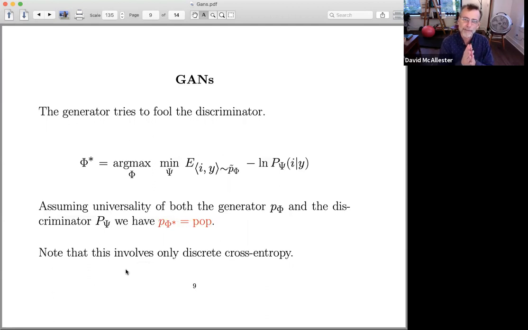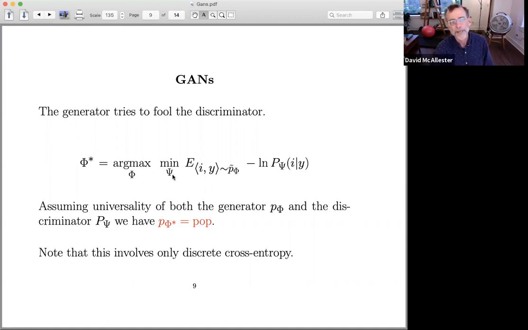So let me say that more explicitly. This is a theorem that can be proved more formally, but it's intuitively obvious that unless the generator exactly matches the true population distribution, if the discriminator is universally expressive, then it's going to do better than chance. If the distributions are different, it can do better than chance.